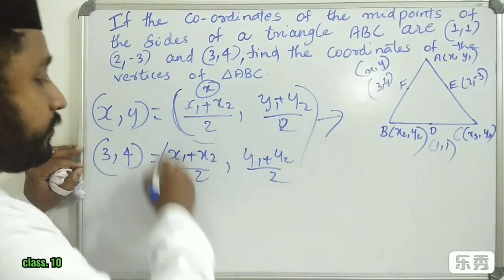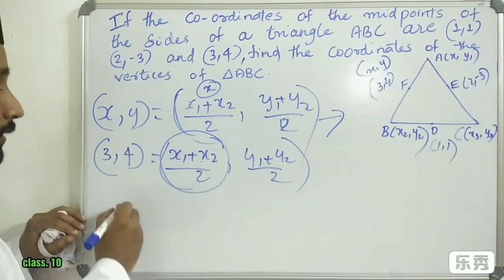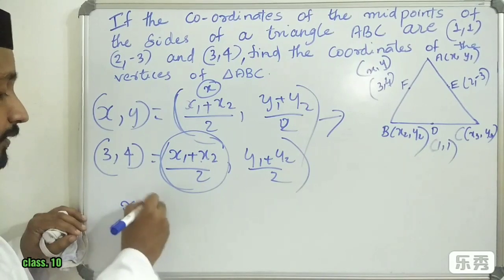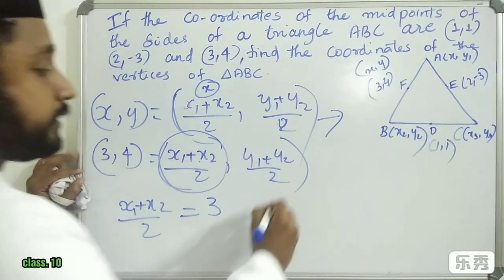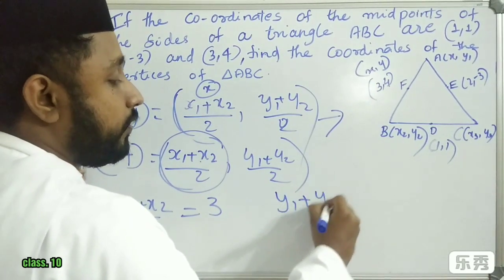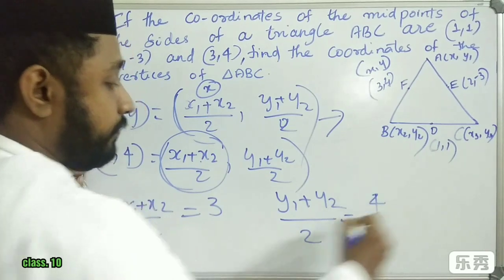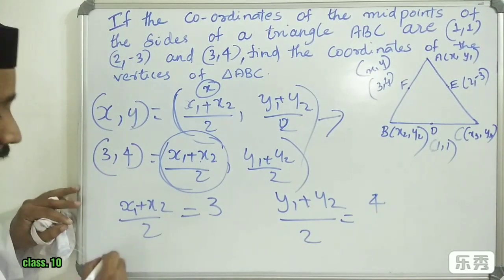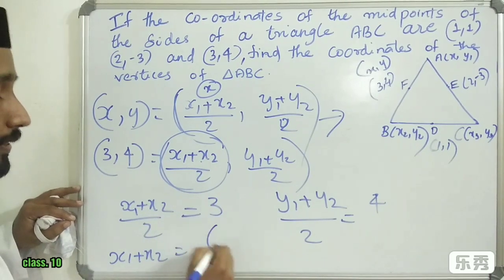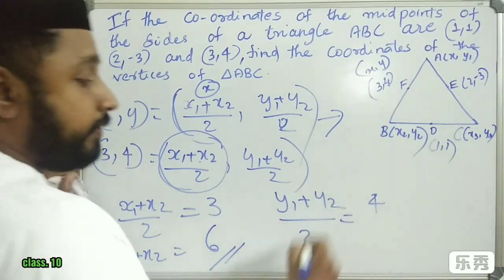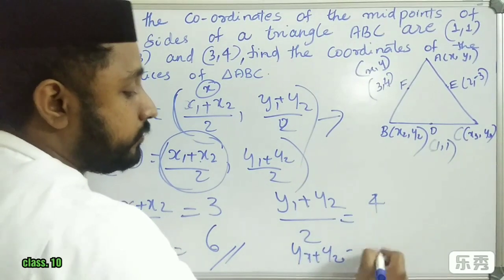Which means 3 is equal to x1 plus x2 by 2, and y1 plus y2 by 2 is equal to 4. So x1 plus x2 is equal to 2 into 3, which is 6, and y1 plus y2 is equal to 4 into 2, which is 8.